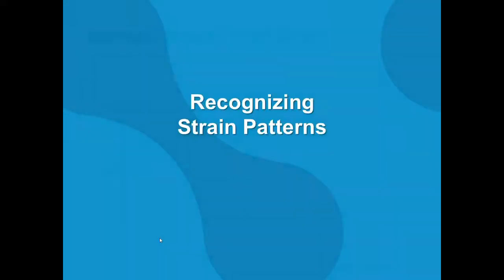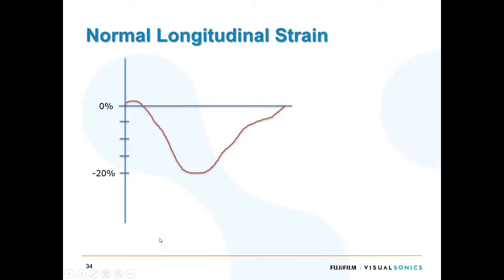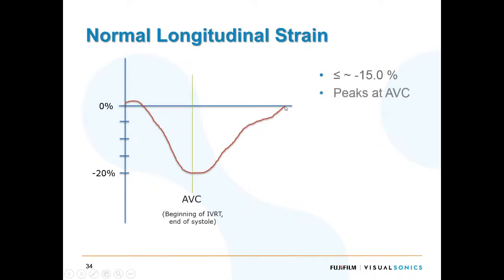All right, so what is strain supposed to look like for us? If we look at normal longitudinal strain, what we mentioned earlier is you have a slight area of positive strain before contraction. Then you have a negative strain value, and then it goes back to 0 at the end of your R wave. Typically the values are less than or equal to minus 15%.